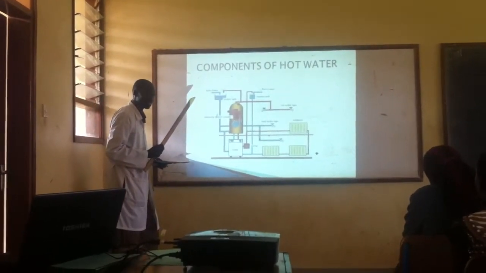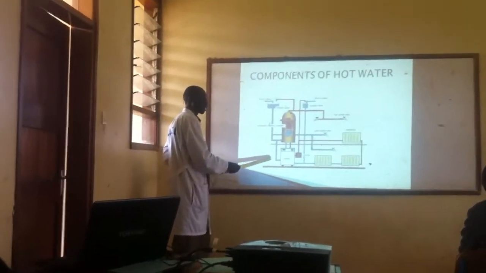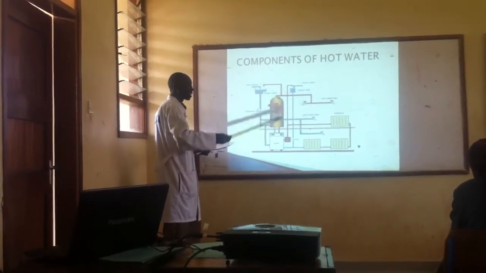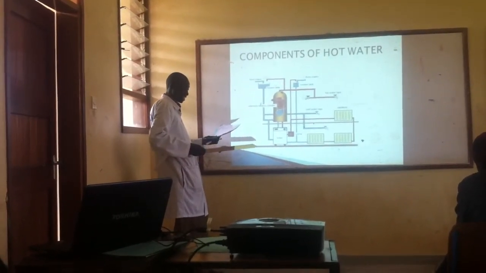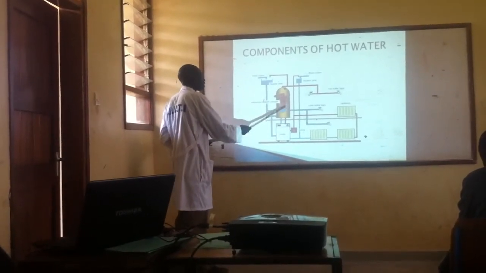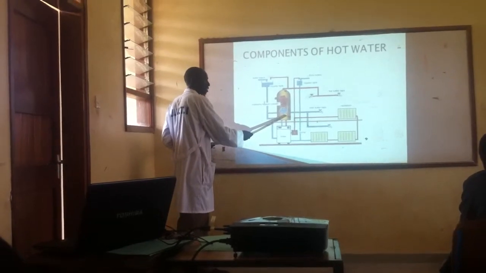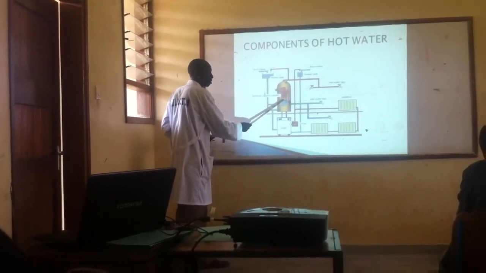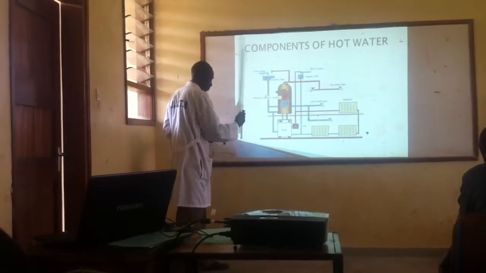So the primary return takes the water which has lost heat to be boiled. Then after being boiled, it will be taken to that cylinder, through a heat resisting element of a coil which is inside there.